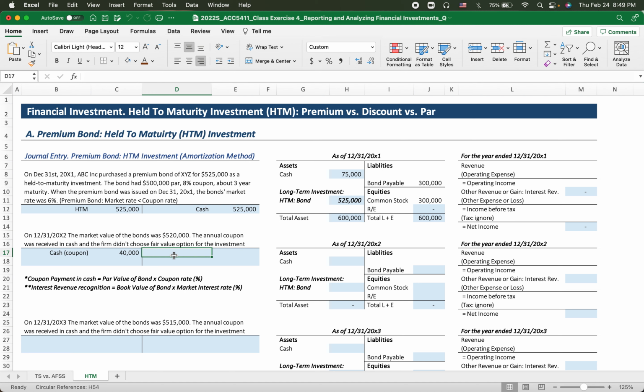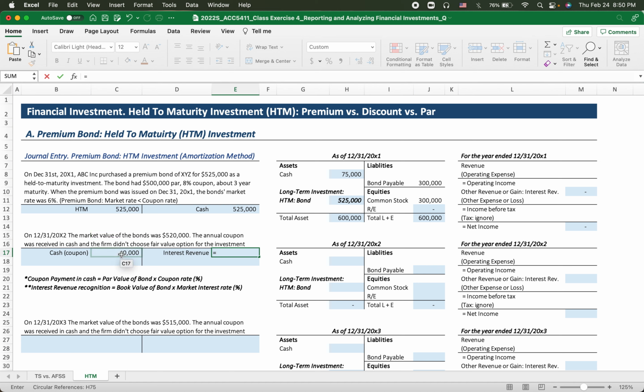And then, what is the interest revenue? When the investor, ABC company, received the interest, which is coupon, now we need to recognize the revenue, which is interest revenue. How do you calculate it? Interest revenue: you have to look at this from the investor's perspective.